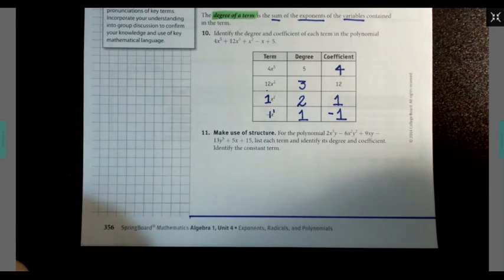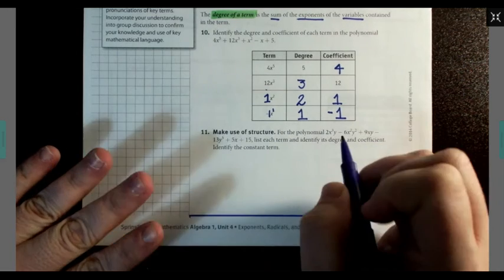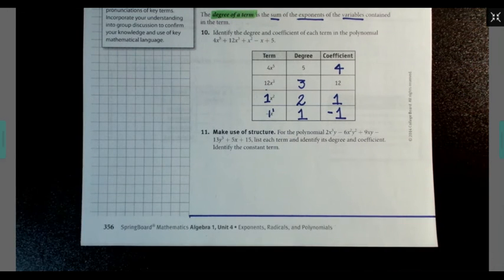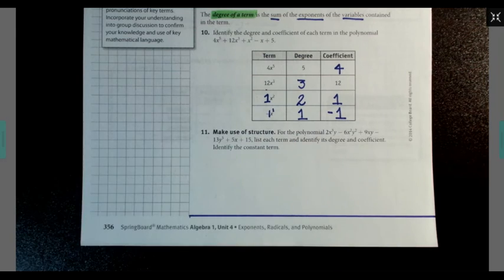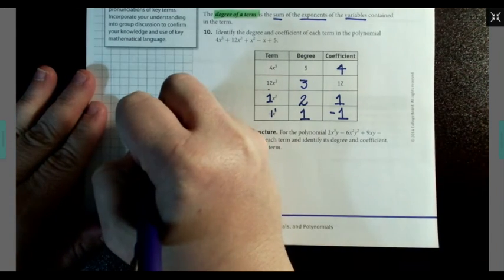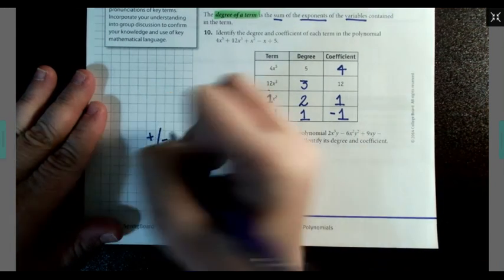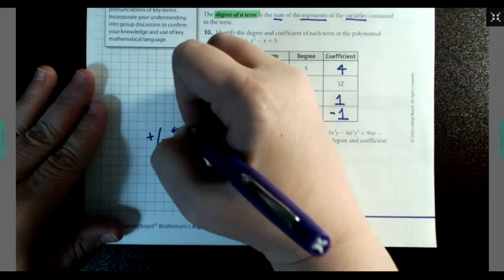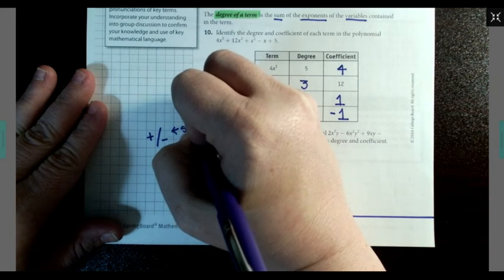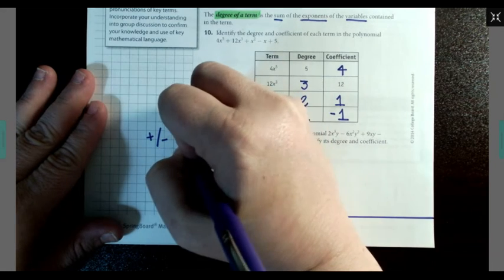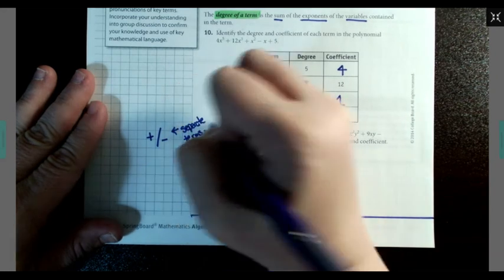Identify the constant term as well. Now, each term is going to be separated by either a plus or a minus sign. That separates my terms.